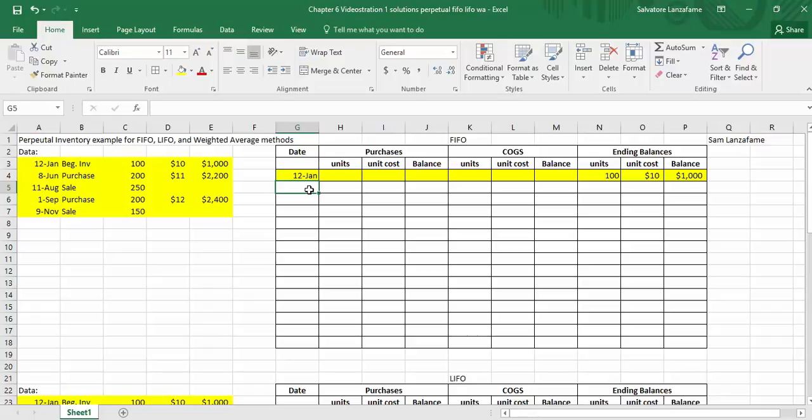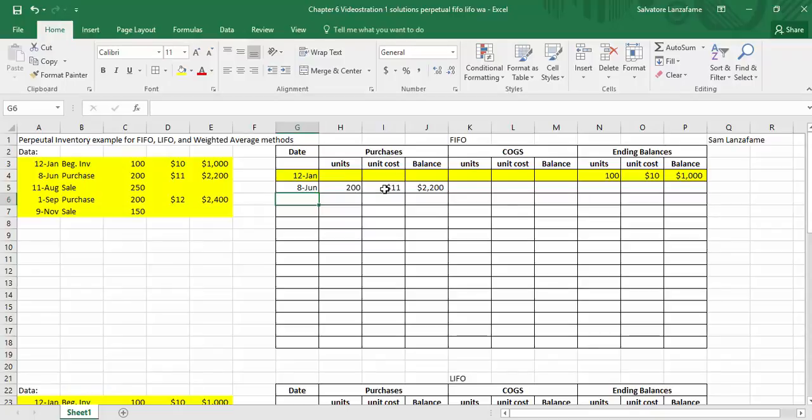Okay, the next thing is we've purchased some more units. So on June 8th, under the purchase column, we're going to put 200 units at $11 a piece. And as you can see, the balance of the purchase in dollars is 2,200. Here's where it becomes extremely important.